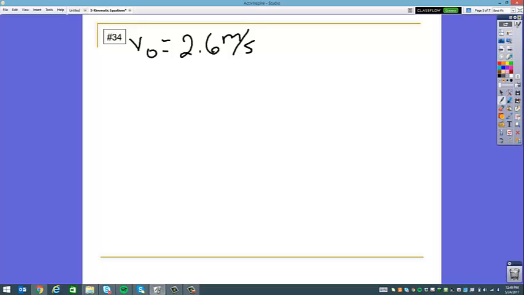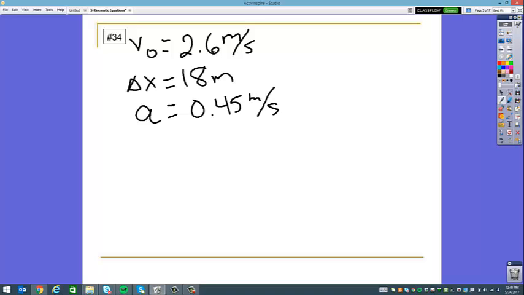My displacement is 18 meters. And I know my acceleration is 0.45 meters per second squared. And I'm looking for how fast I am going at the end, so I'm looking for VF.